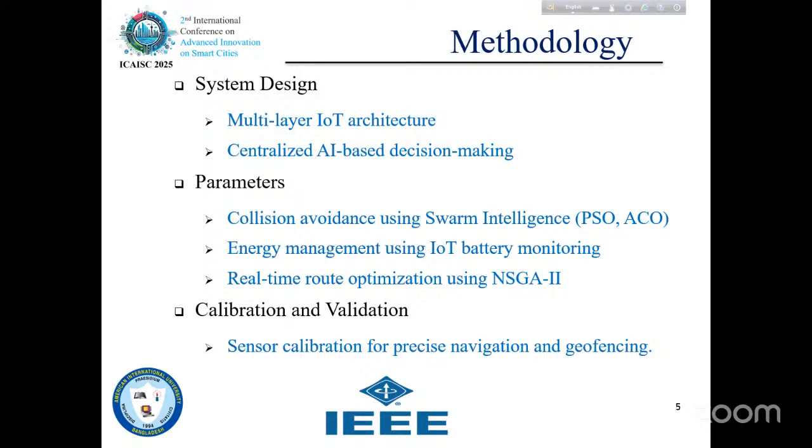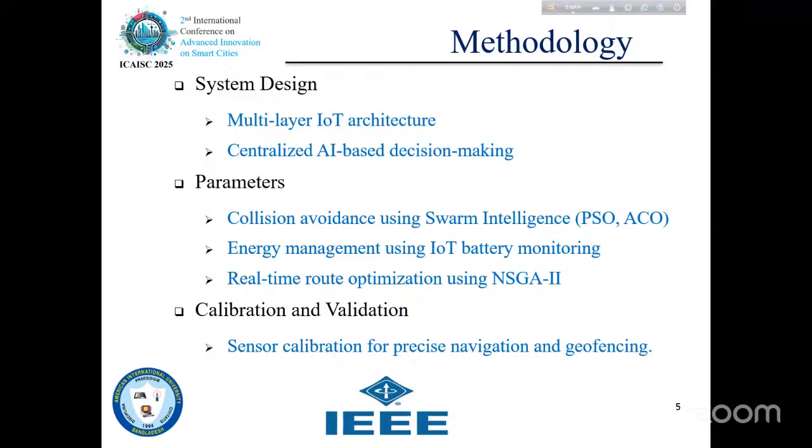Key parameters such as collision avoidance, energy management, and route optimization are tackled using advanced algorithms. Swarm intelligence techniques like particle swarm optimization and ant colony optimization are employed to prevent collisions, while IoT-based battery monitoring ensures optimal energy use and extends operational time.